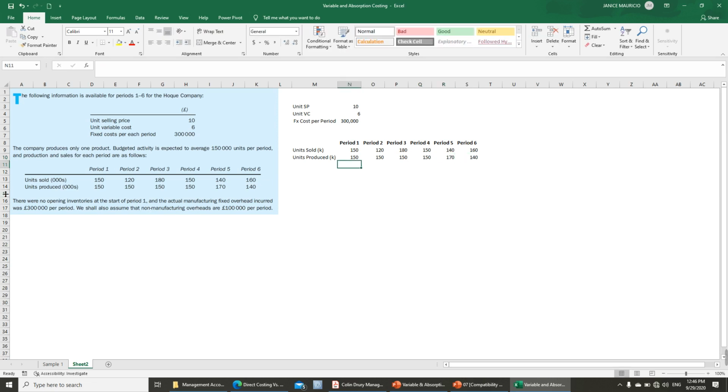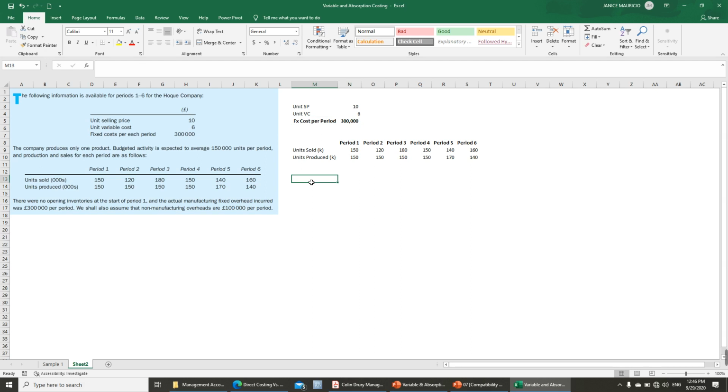Now, it says here that there were no opening inventories at the start of period 1, and the actual manufacturing fixed overhead incurred was 300,000 per period. So this is manufacturing overhead.